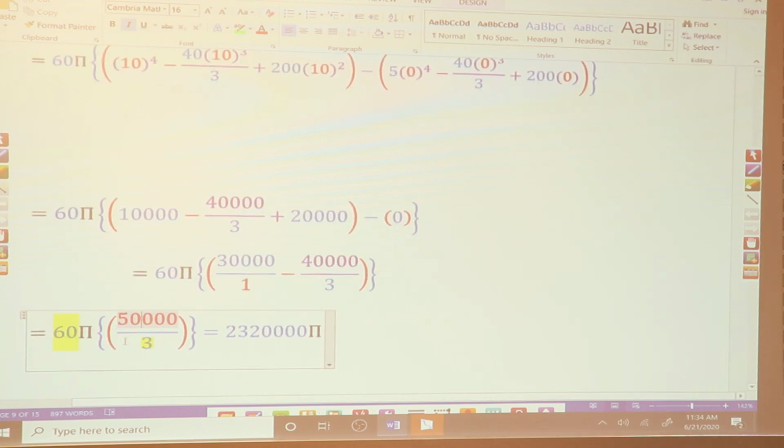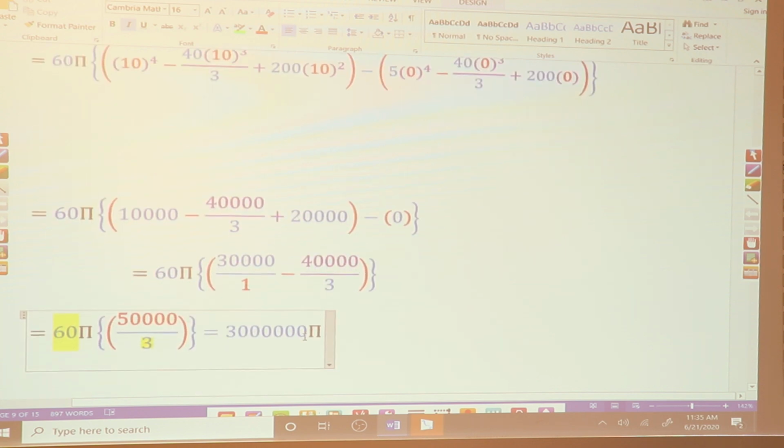Multiplied by this, the 3 and 60 gives 20. 20 times 50 is 1,000, so we need zeros. It's going to be 300,000 pi.